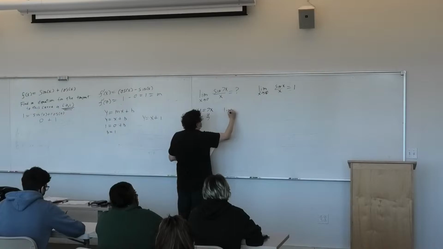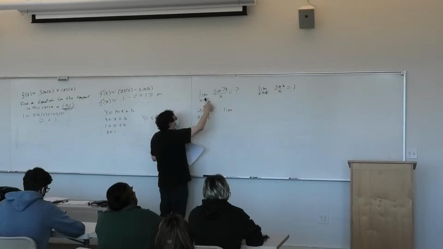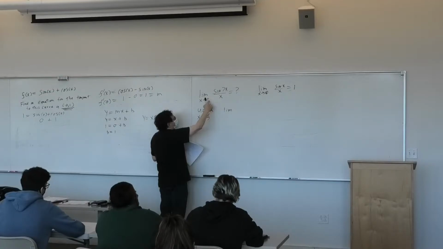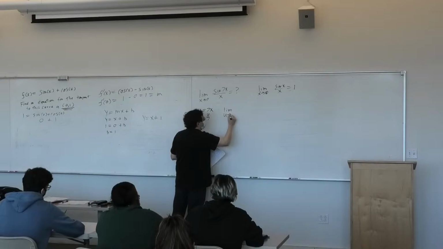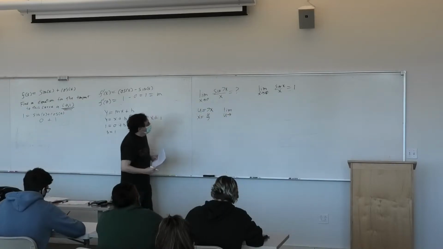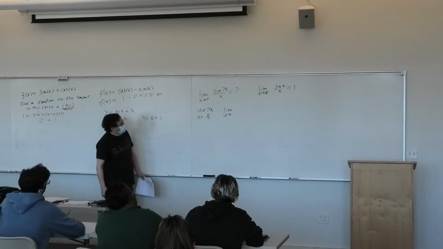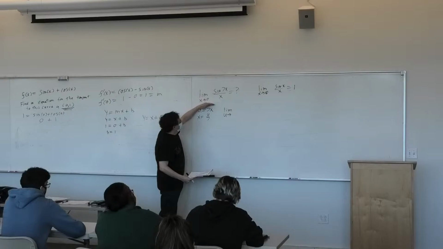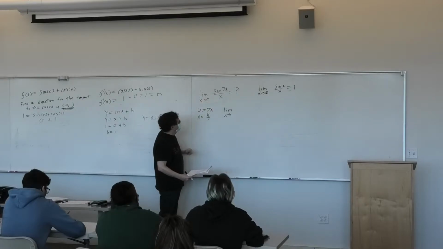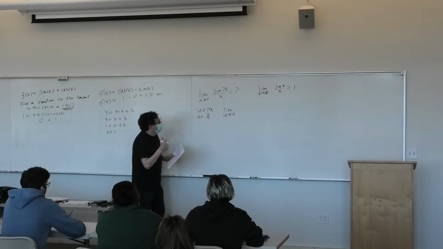Well, if x goes to 0, and u is 7 times x, what is u going to? You have to think that through. Okay, x is going to 0. What is 7x going to? It's going to 0. Good.